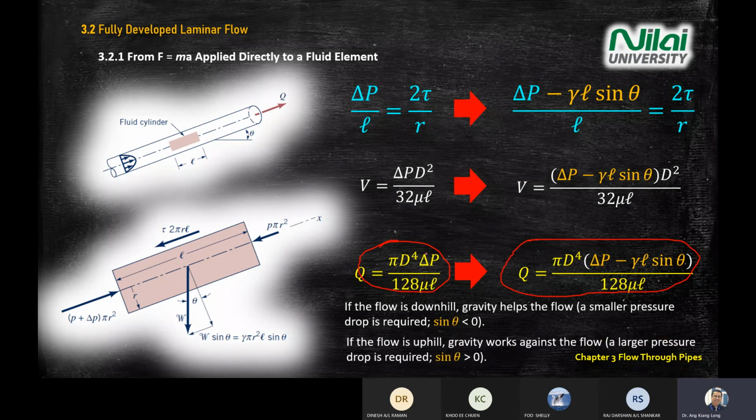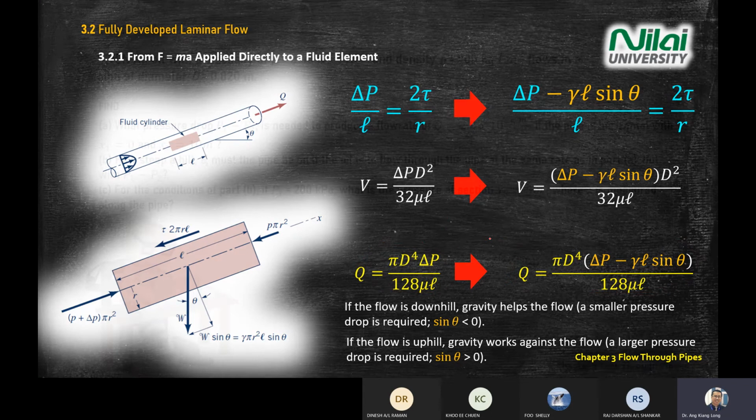This equation works for laminar flow only. What I mean by laminar? Meaning the flow inside the pipe is always same. Okay, the velocity inside the pipe always same.